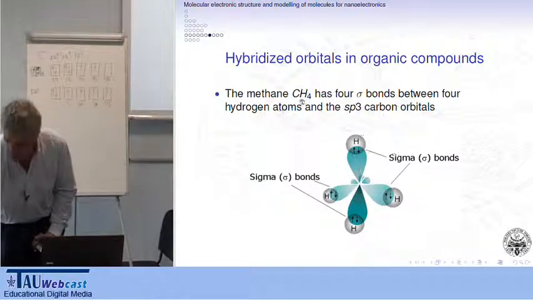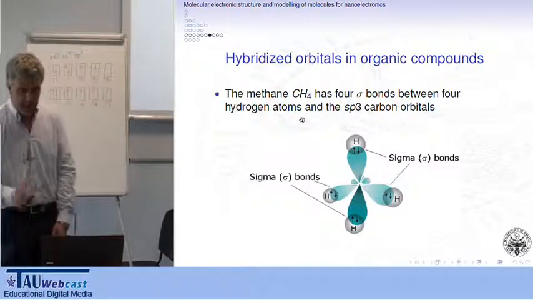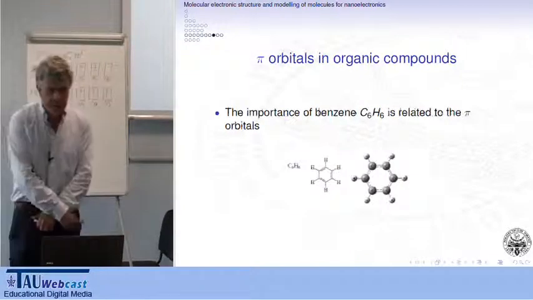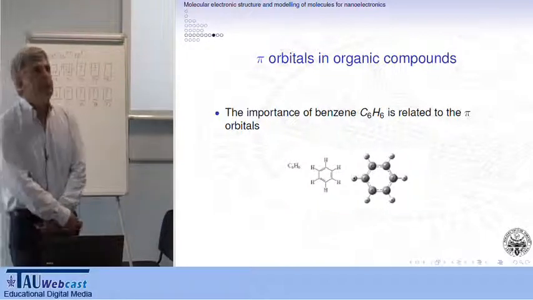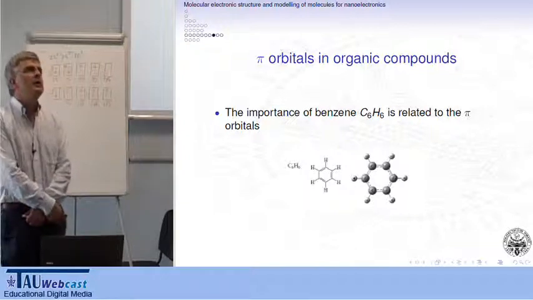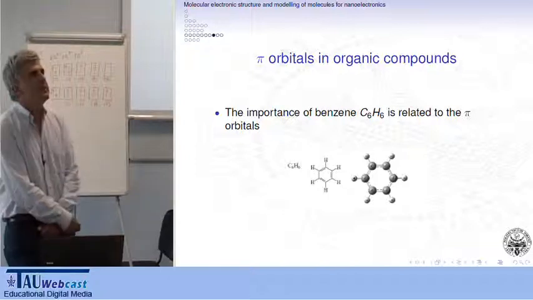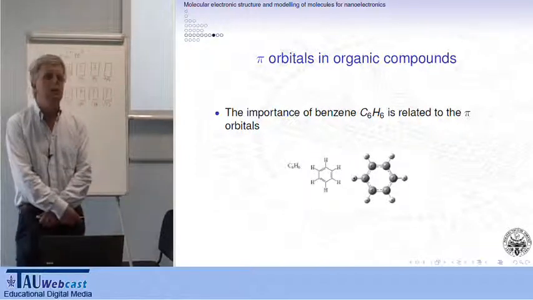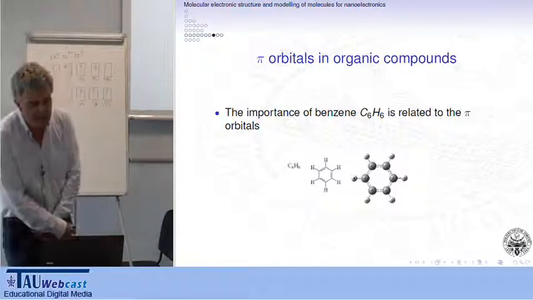We can continue this simple idea and produce, for instance, a very important molecule. My colleagues will explain the benzene ring, and the benzene ring is very common in many organic compounds used in molecular electronics.